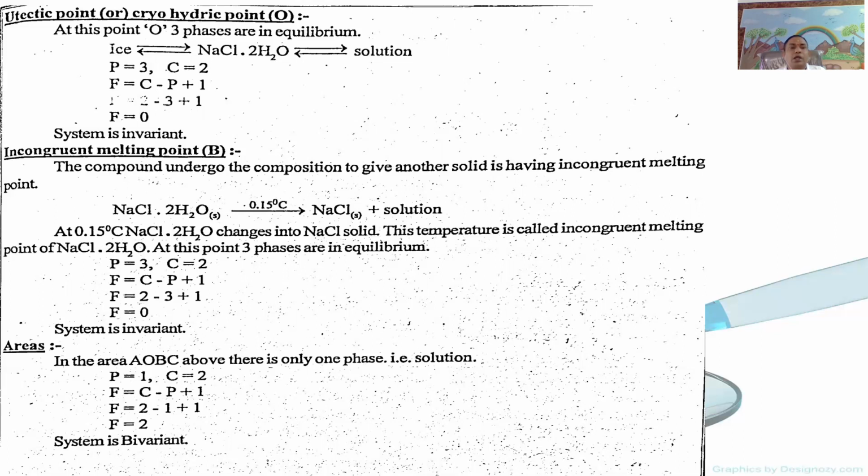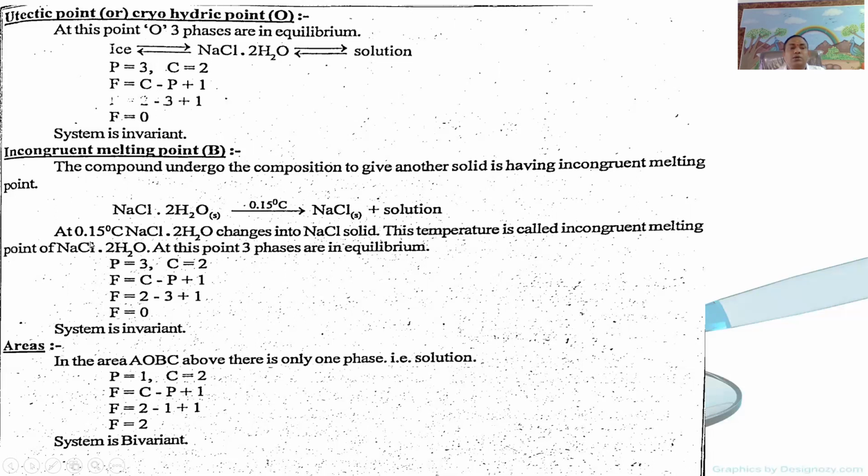Here, incongruent melting point B: a compound that undergoes decomposition to give another solid has an incongruent melting point. That is, sodium chloride dihydrate solid at minus 0.15 degrees centigrade gives sodium chloride solid plus solution.